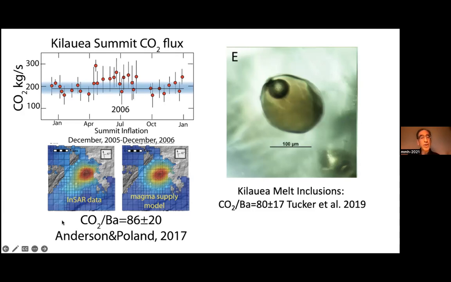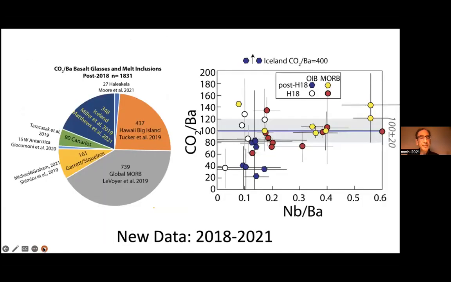And they ratioed the two. And for Kilauea, they obtained CO2/barium here, 86 plus or minus 20. Notice that this is identical to what one gets in the melt inclusions. It suggests that we're doing it, if not right, that there's some methodological confirmation of the procedure.